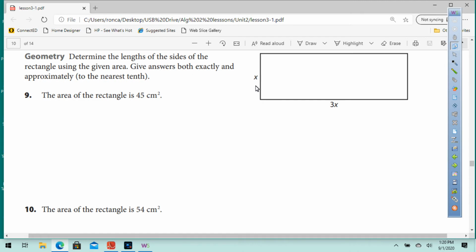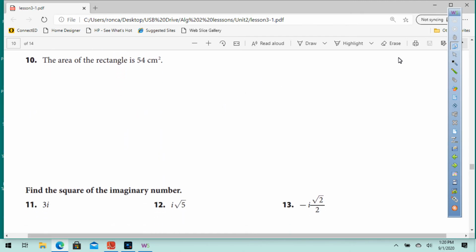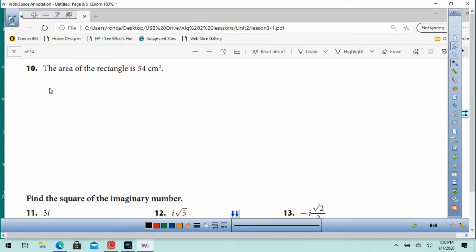Let's try number 10. The area of a rectangle is 54. Well, we already did some of that before, right? We've got 3x times x equals 54. So 3x squared equals 54. Divide both sides by 3, and we got x squared equals 18.